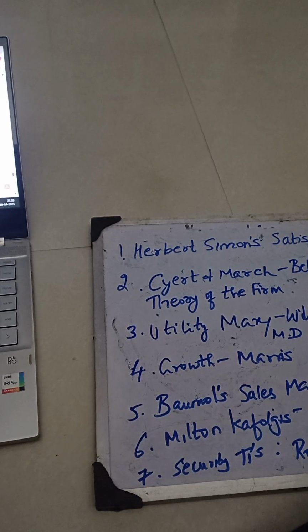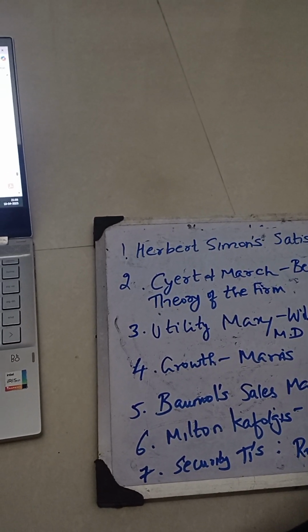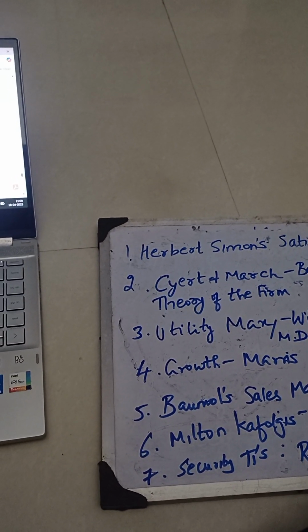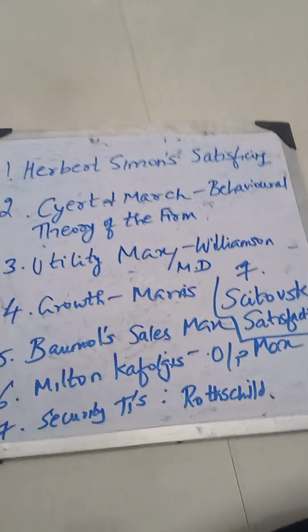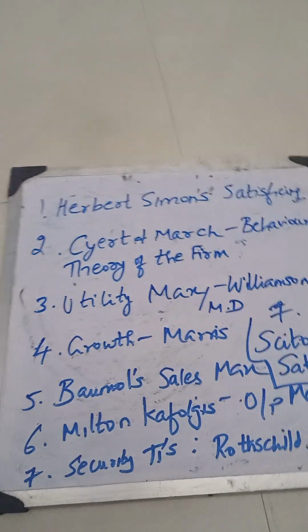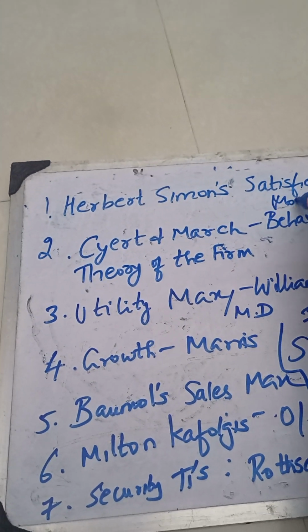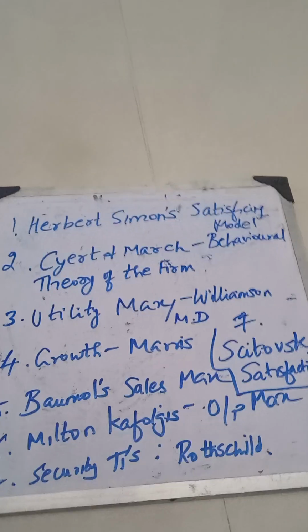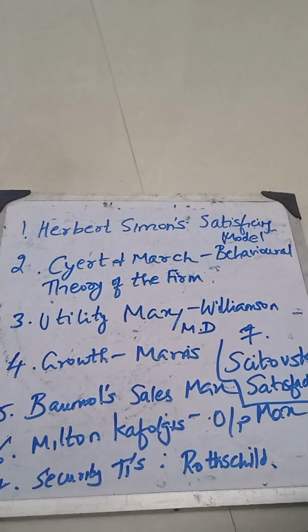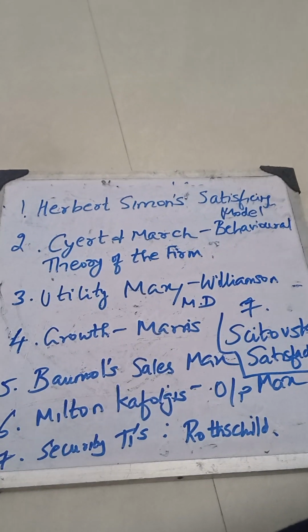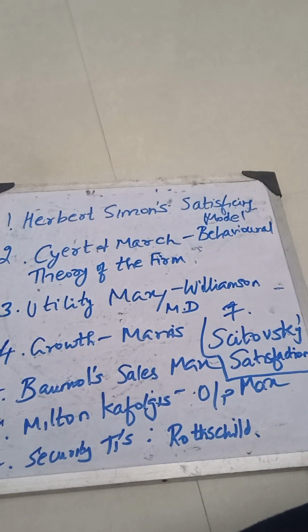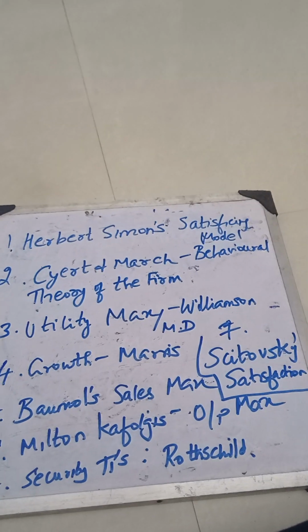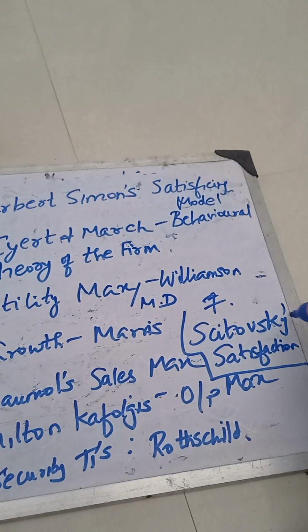He gave a model known as satisfaction max. So you have Scitovsky's satisfaction model, you have Herbert Simon's satisficing model, you have the utility max model or managerial discretion model by Williamson, you have the growth model by Marris, you have Baumol's sales maximization model, you have Milton Kafoglis's output max model, you have the Rothschild security profits model, and Scitovsky's satisfaction model of objectives of the firm.